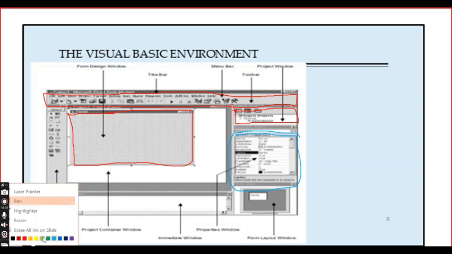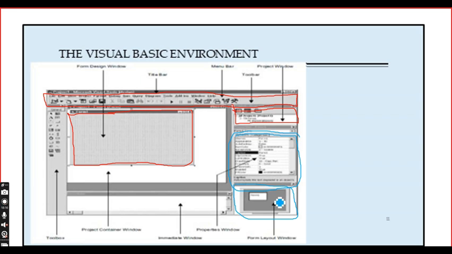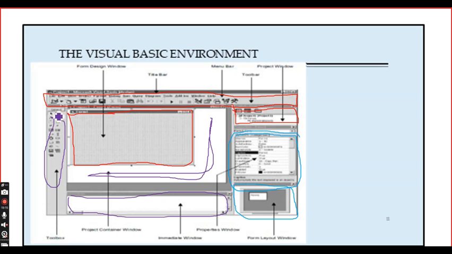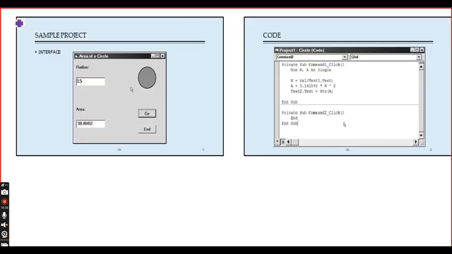The second one is the code edit mode, where you write or type the instructions associated with the controls. And the last mode is the execution mode. It will look similar to the design mode, because that is now the output. It will give you the output of your application, how it will look after you execute it.